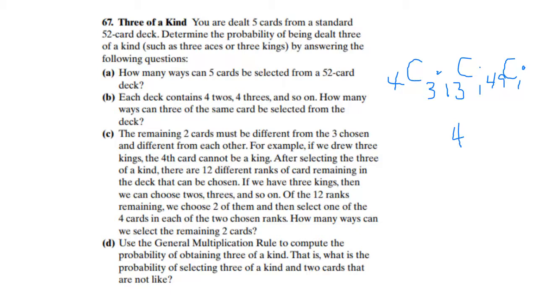Let's see. So I've got 4 cards that are done. So this is going to be 48 choose 1. Now that is my numerator. I have to multiply all those things together. But notice that I do have 5 cards now, because here are 3, here's 1, that's 4, and there's the 5th card.